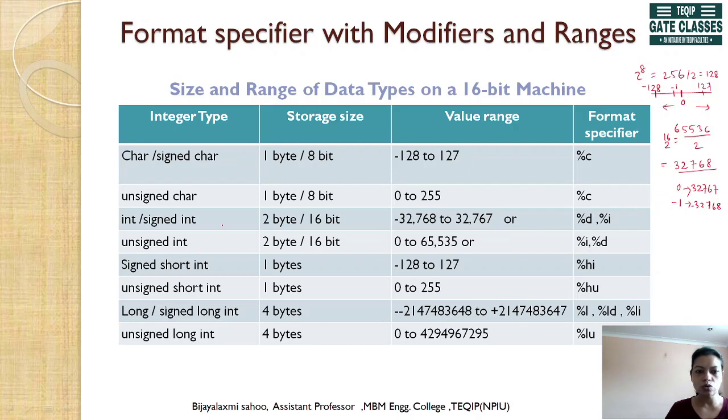Earlier integer was occupying 2 bytes. So if I am using long, then it will take 4 bytes of space. So 4 bytes means 2 to the power 32 numbers we can represent. So the range is -2147483648 on the negative side, and 2147483647 on the positive side. Okay, so this is the range in the case of your signed long integer.